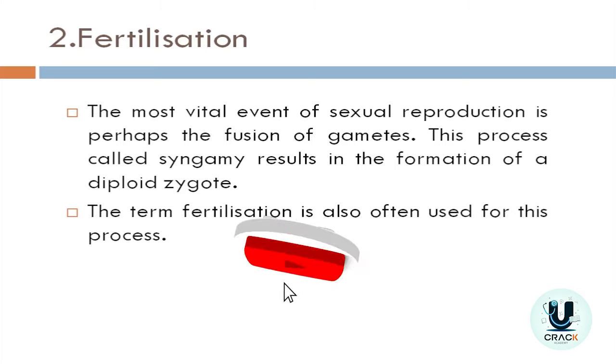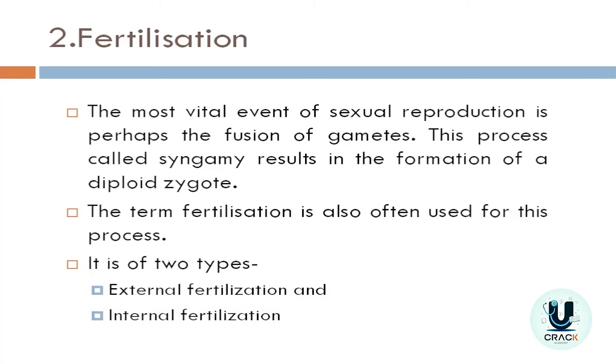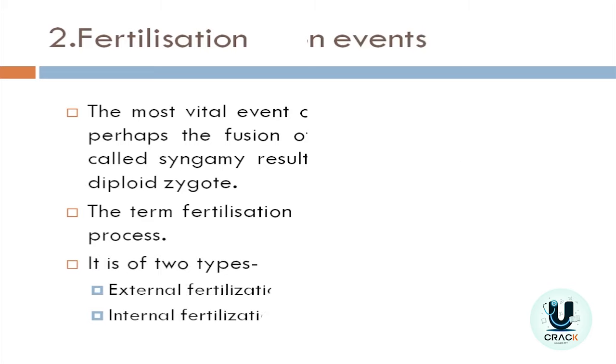The term fertilization is also often used for this process. This fertilization is a very important word for sexual reproduction; the term keeps coming up everywhere. It is of two types: external fertilization and internal fertilization.